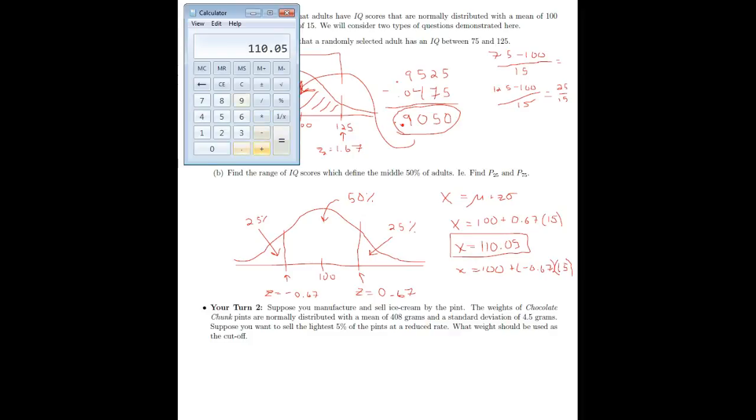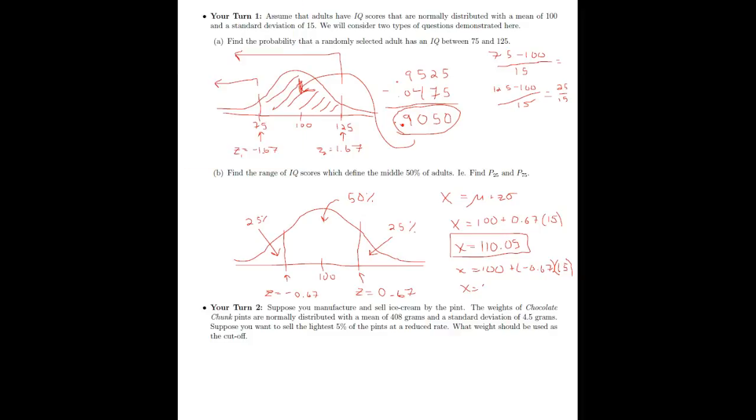We would get negative 0.67 times 15 is negative 10.05 plus 100 is 89.95. Cool. So those are our two scores that would define the middle 50% of adults.